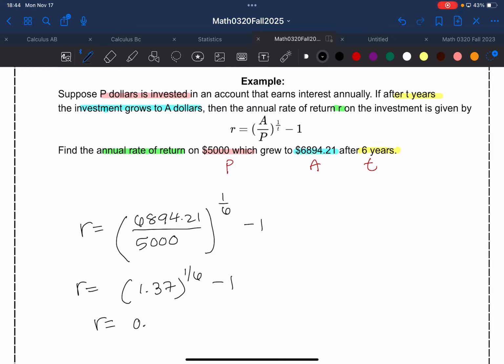I don't think that's correct either. We're doing 1.37 to the 1/6 power. No. I think you almost had it. Are you using your phone calculator? Oh, you have that calculator. See, you have too fancy of a calculator for this class.